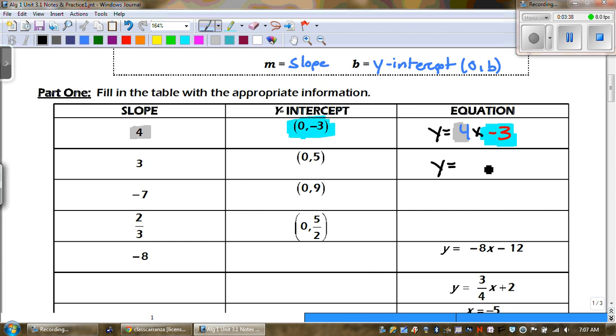So this is where we go from a description into the equation. My y-intercept, and then that's where my slope goes. My slope is 3, so y equals 3x, and our slope is a positive 5.